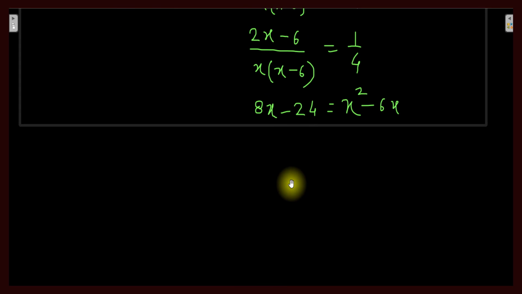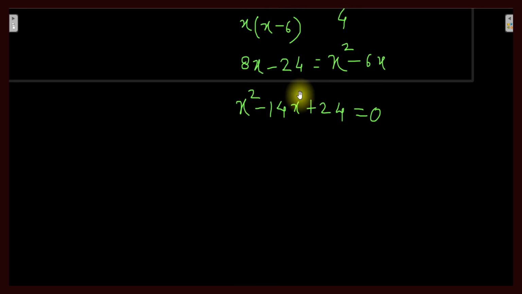And so this can be solved further as, take 8x to this side, that will be minus 8x, so 6x minus 8x, that will be minus 14x, so it will be x square minus 14x, and this minus 24, if you take to the other side, that will become plus 24, which is equal to 0.